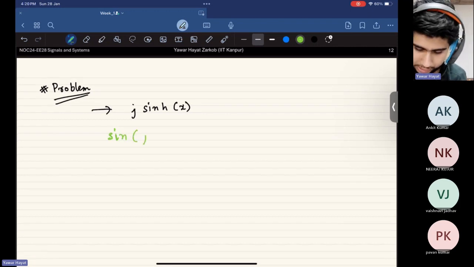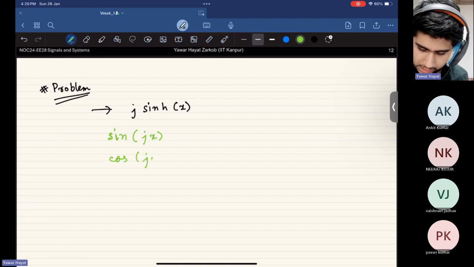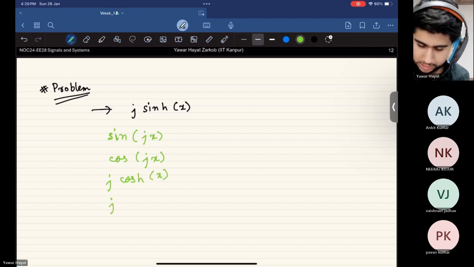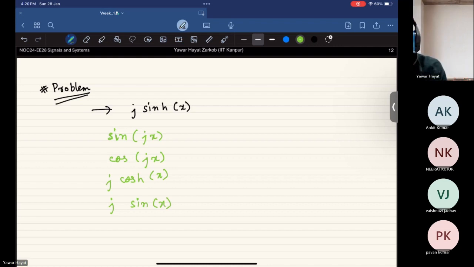Sine of jx, cos of jx, j cos hyperbolic of x, j sine of x. Okay. Attempt it for a minute and I'll go over this question.